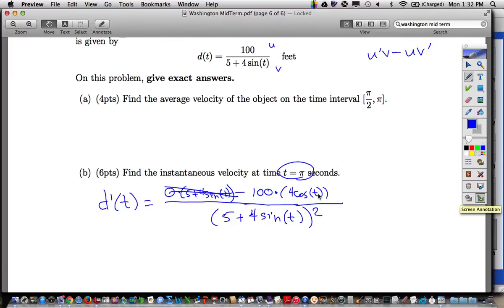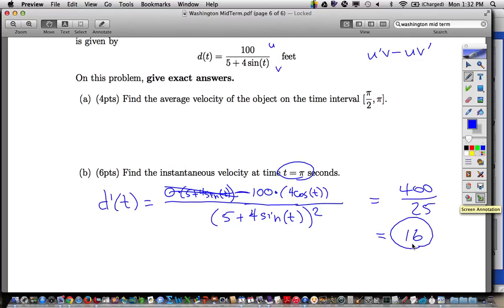Cosine of pi is negative 1, times 4 is negative 4, times negative 100. So that's positive 400. Sine of pi, 0 times 4 is 0, plus 5 is 5. 5 squared is 25. 400 divided by 25 is 16. So there is the instantaneous velocity at t equals pi seconds.